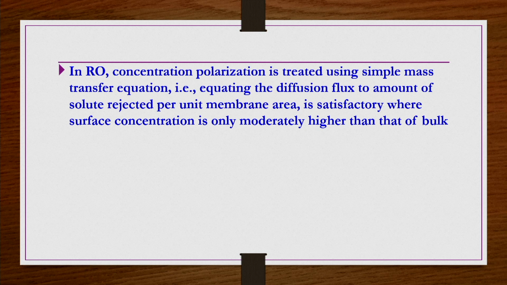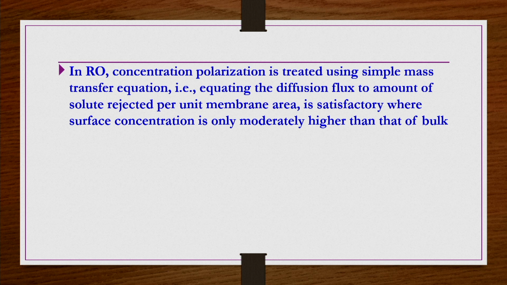the delta pi has to be incorporated in the equation. On the other hand, in reverse osmosis, concentration polarization is in general treated using a simple mass transfer equation, equating the diffusion flux to the amount of solute rejected per unit membrane area. That itself is satisfactory where the surface concentration is only moderately higher than that of the bulk. Right.